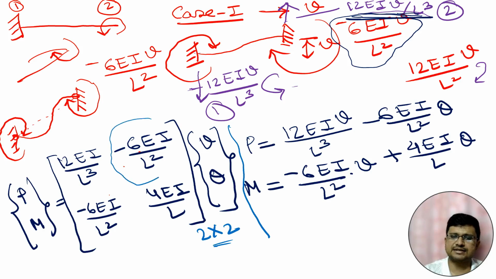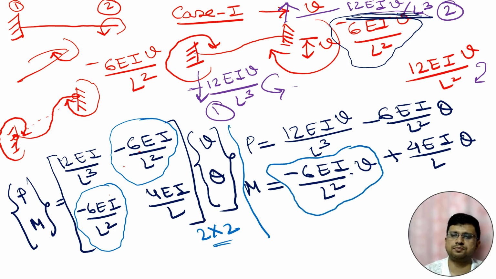These two terms, minus 6 EI by L square, are actually the same. But again, if you look at both cases, the things are quite opposite. Because for the first case, this minus 6 EI into V by L square is the moment developed due to the displacement V. And this is the force developed in the second case due to the rotation theta.